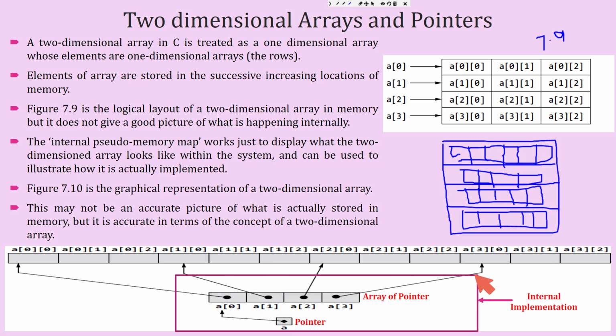So this is the internal representation. Figure 7.10 is the graphical representation of a two-dimensional array. So this diagram is actually 7.10. This may not be the accurate picture of what is actually stored in memory, but it is accurate in terms of the concepts of a two-dimensional array.